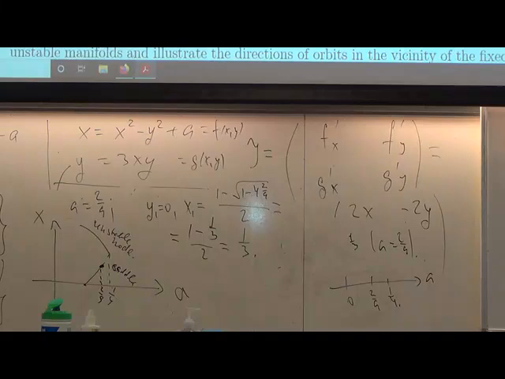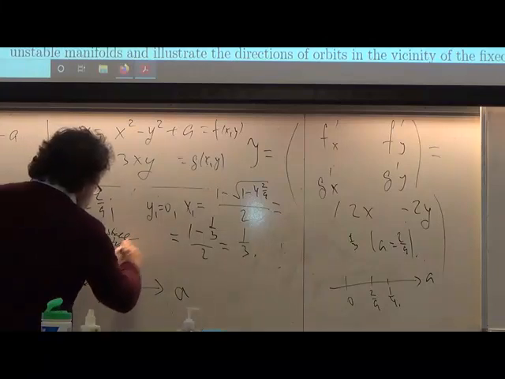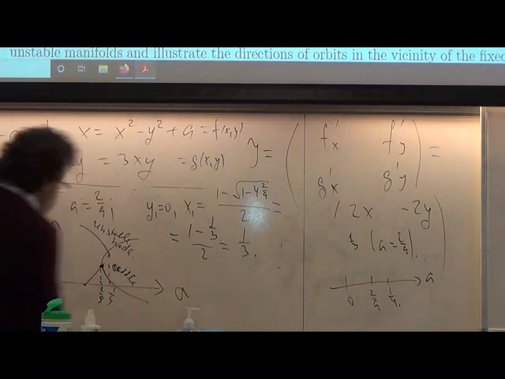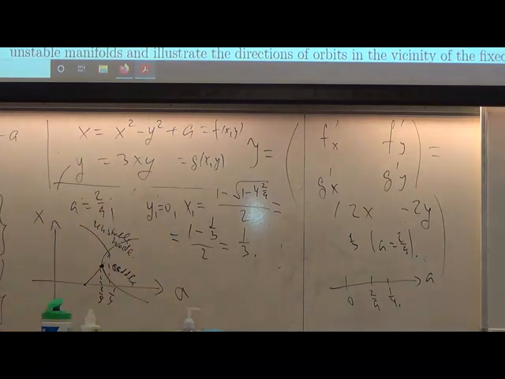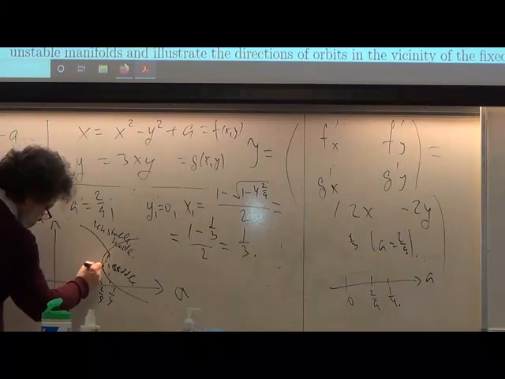If this is changing its stability, so these two, it is like this. So this becomes stable and this becomes unstable.